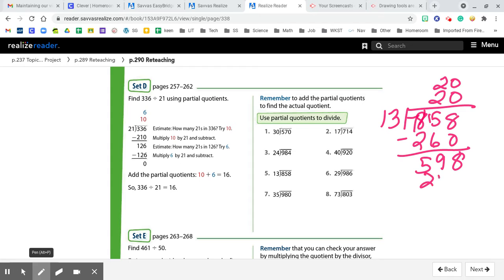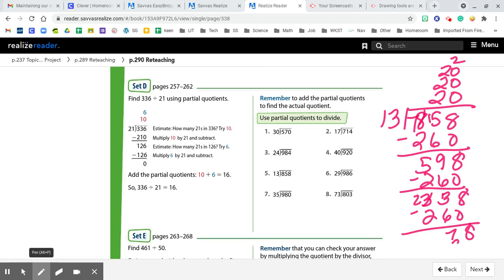We've got to make sure our subtraction is accurate. And 13 goes into 78. I know 13 times 2 is 26, so keep subtracting that out. And another 26.